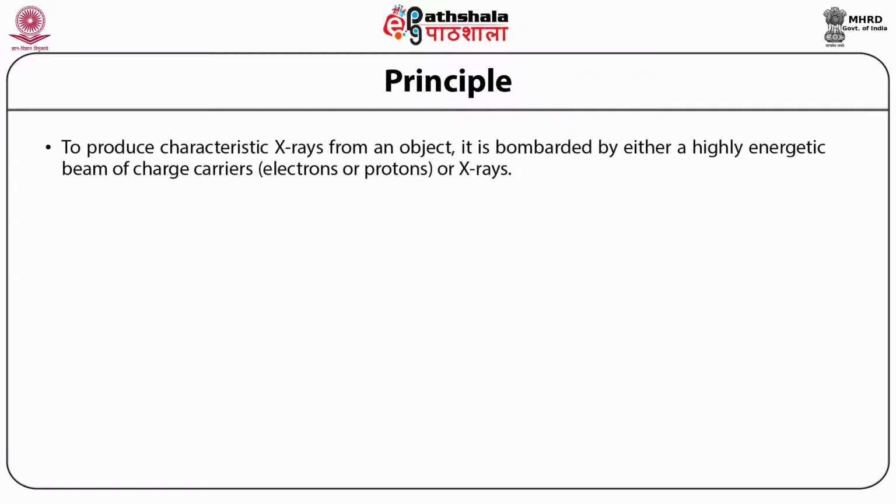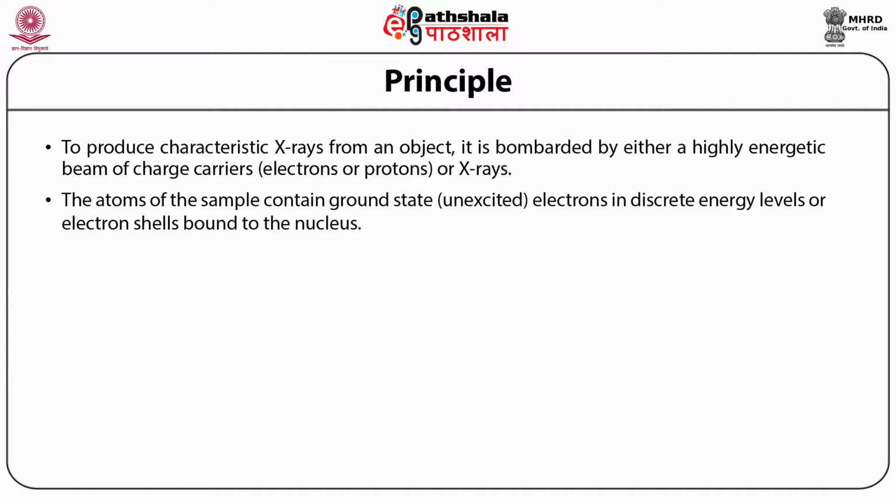To produce characteristic X-rays from an object, it is bombarded by either a highly energetic beam of charge carriers, that is, electrons or protons, or X-rays. The atoms of the sample contain ground state, that is, unexcited electrons in discrete energy levels, or electron shells bound to the nucleus.